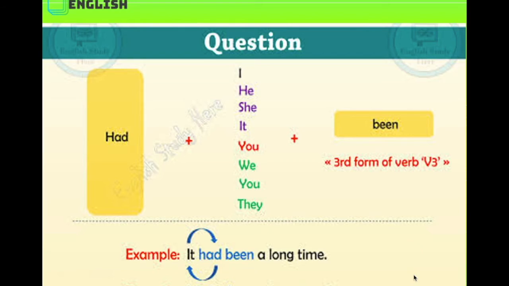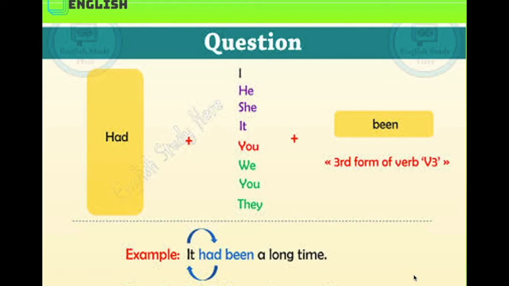The auxiliary verb comes first, then the subject, and then the main verb's third form. See here: had I been, had he been, had she been, had it been, had we been, had you been, had they been.